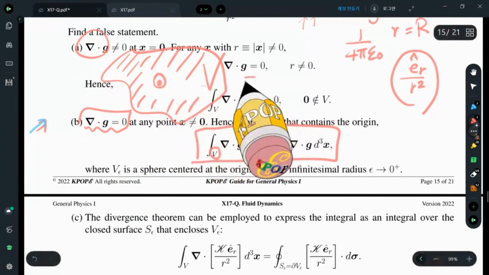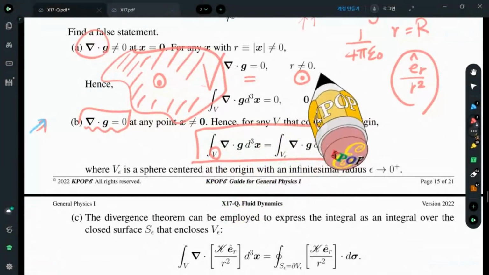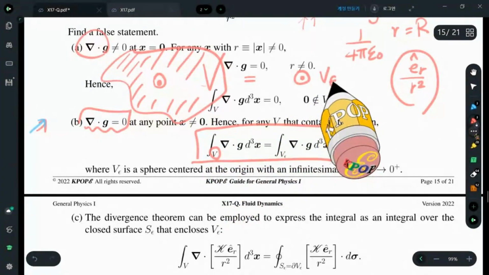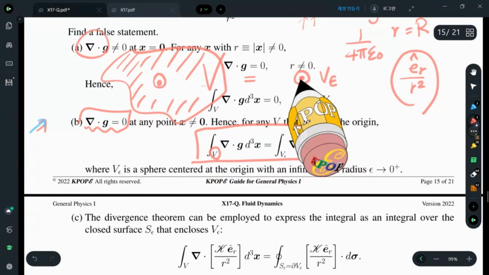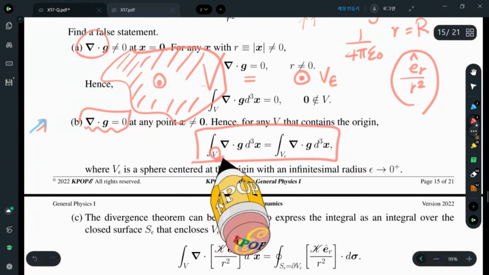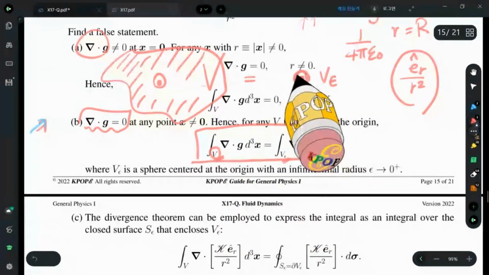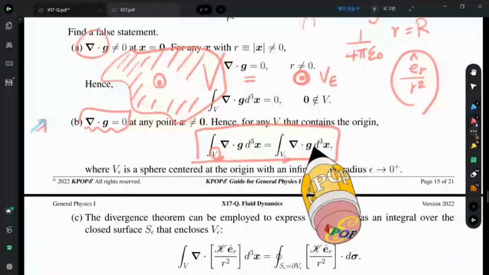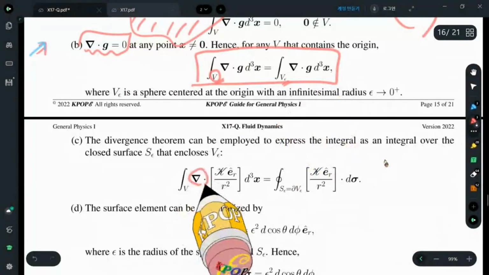So this integral is identical to the integral over this tiny region. I would say it is V epsilon. V epsilon is a very tiny sphere that encloses the origin where the mass is placed. So this integral reduces to a simple integral over a tiny region. All right. And then divergence here.